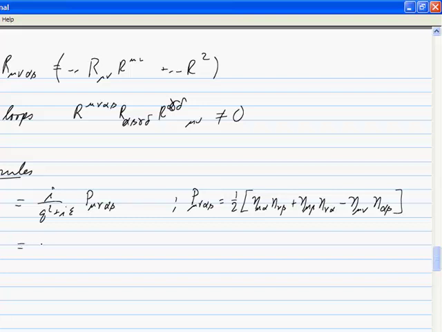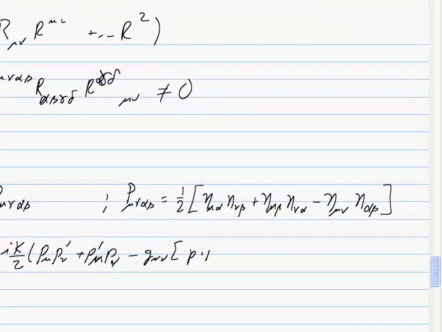This is some vertex tau mu nu, which is minus i kappa over 2 times p mu p prime nu plus p prime mu p nu minus g mu nu times p dot p prime minus m squared.